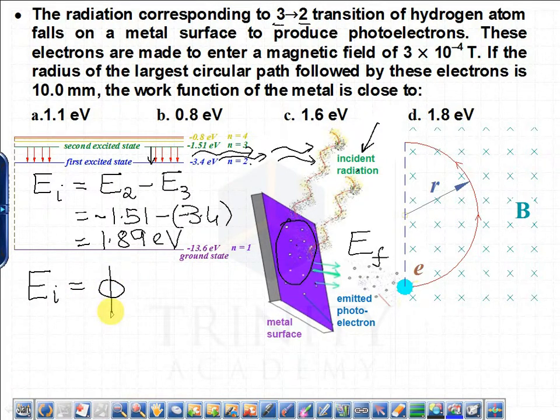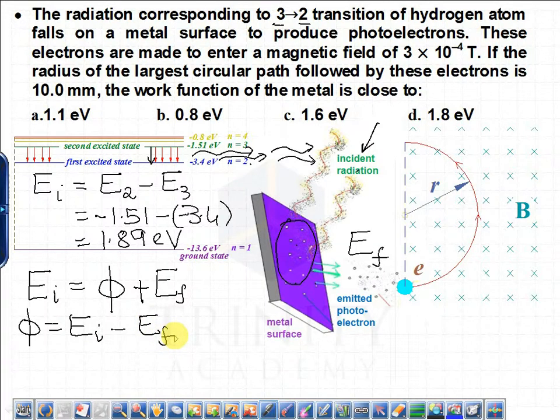First part will be used to liberate the electron, that is equal to work function, which we will denote by phi, and the part of energy which is left out is that energy with which the photoelectrons will be emitted. So we will write that as EF. We require to calculate this work function. So work function can be written as EI minus EF.